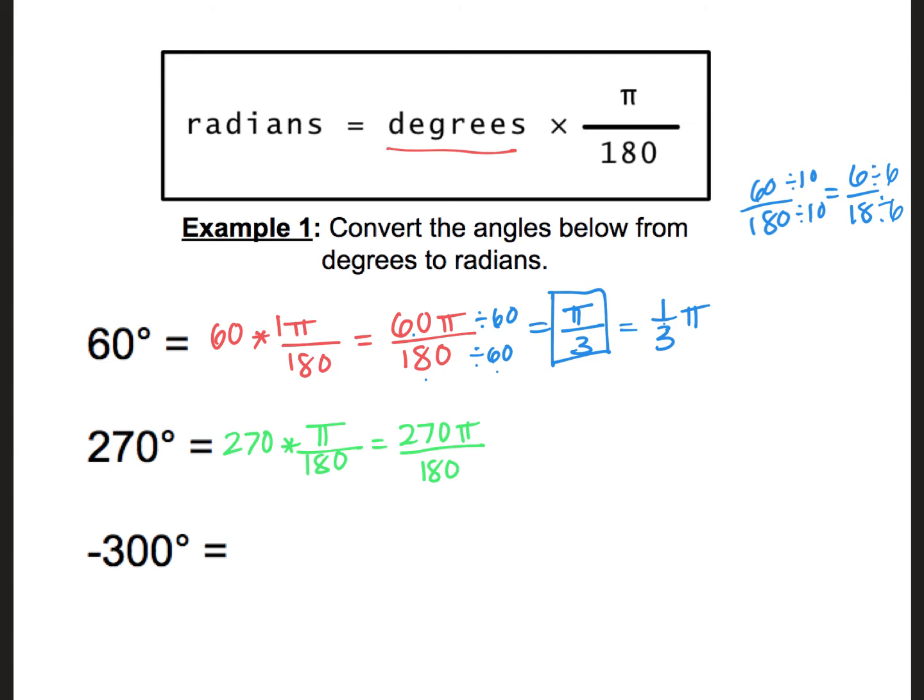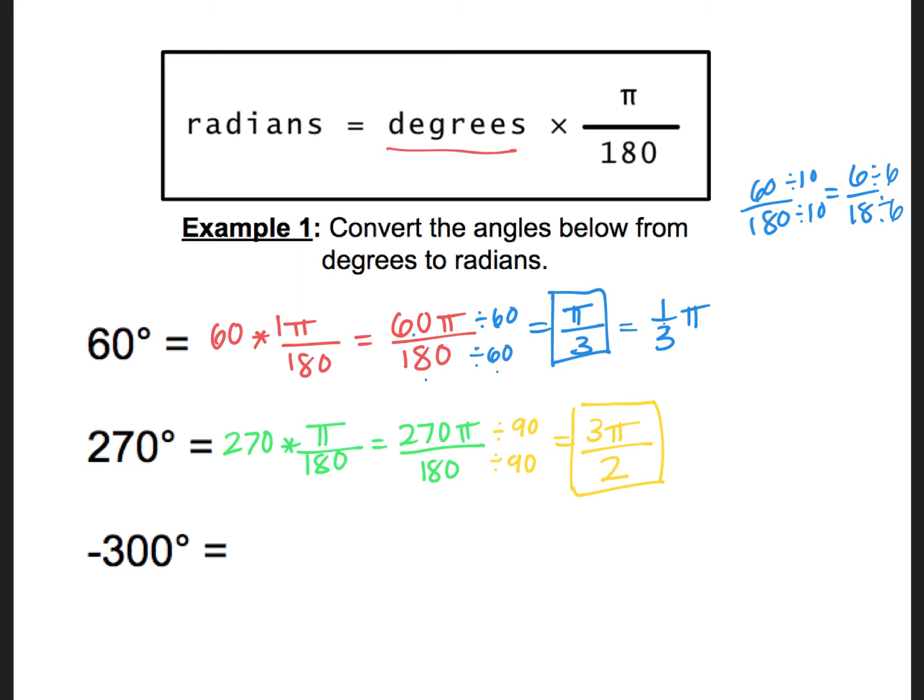Well, I look at 27 and 18, and I know 9 goes into both of them. I also know I have 270 and 180, so really I'm going to divide them both by 90. 270 divided by 90 would give me 3 pi. 180 divided by 90 would give me 2. So my final answer would be 3 pi over 2.